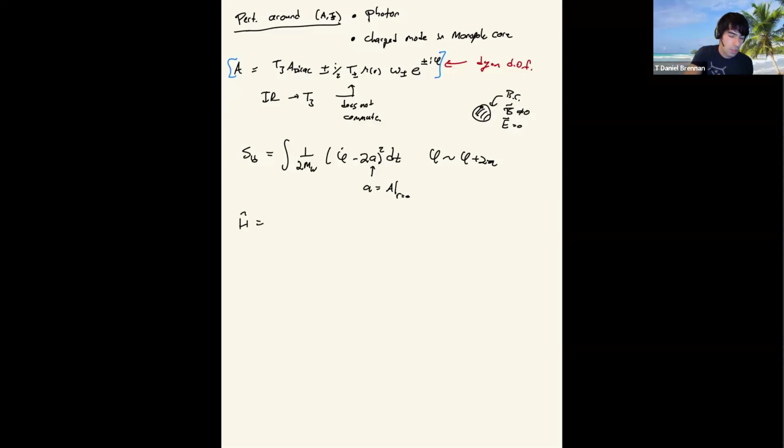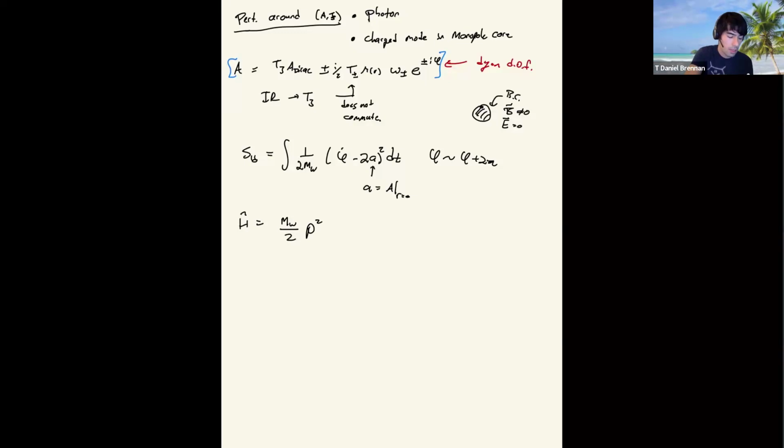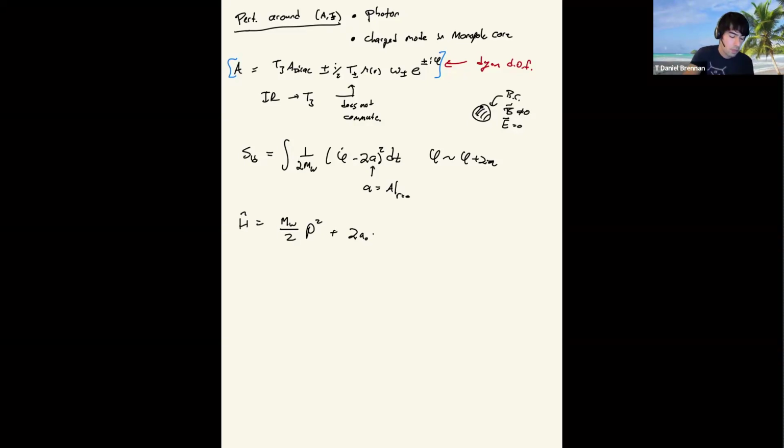If you look at the Hamiltonian, you get just the free particle Hamiltonian on a ring, and then there's this coupling to the bulk gauge field of the momentum operator. So the Hilbert space is indexed by the momentum modes, which are indexed by an integer.